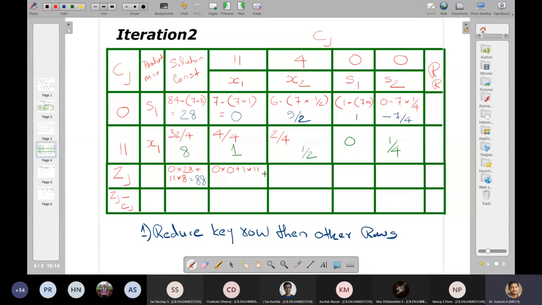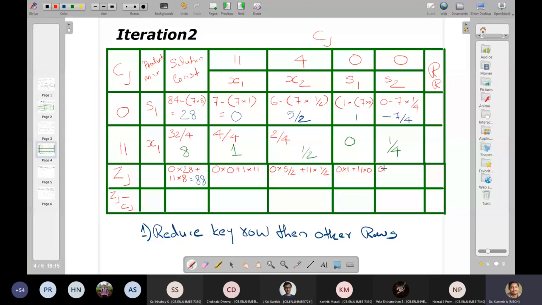Next one, 0 into 5 by 2 plus 11 into 1 by 2. Next it will be 0 into 1 plus 11 into 0.